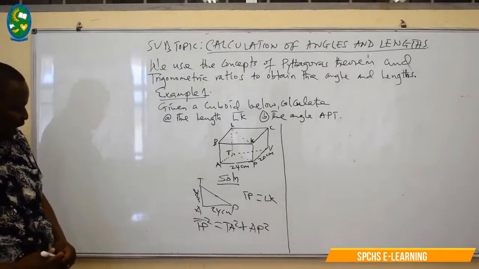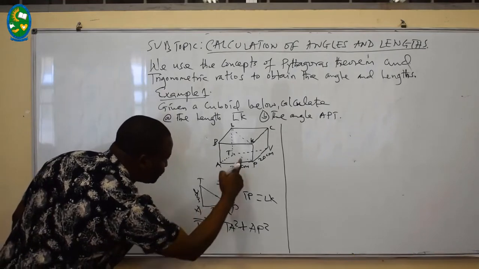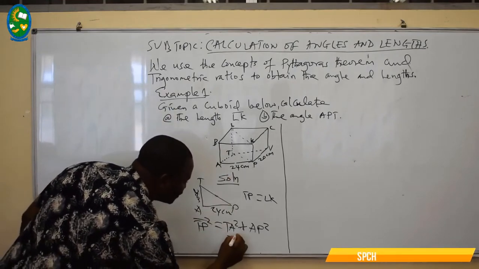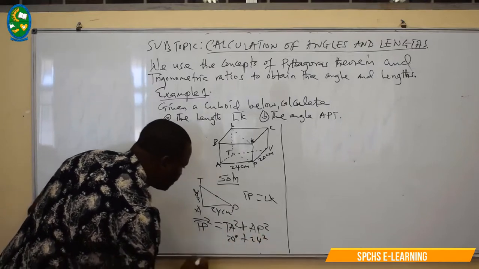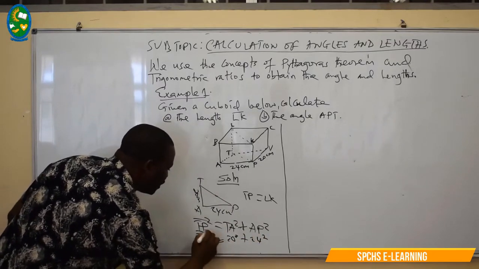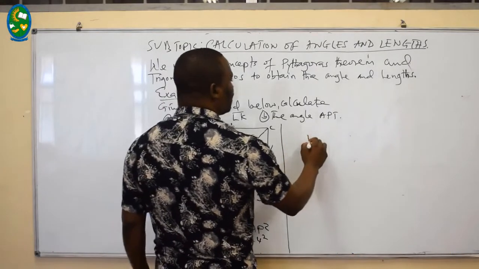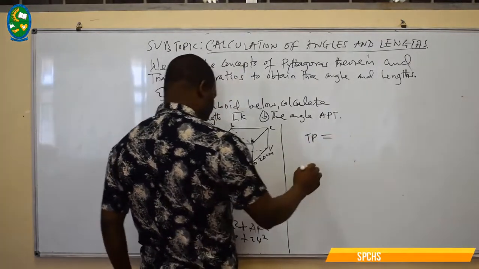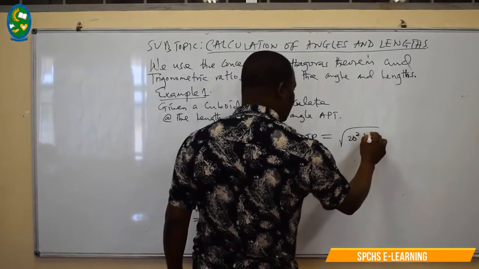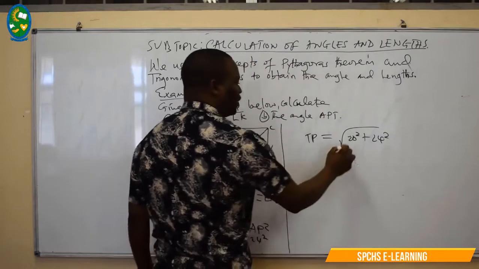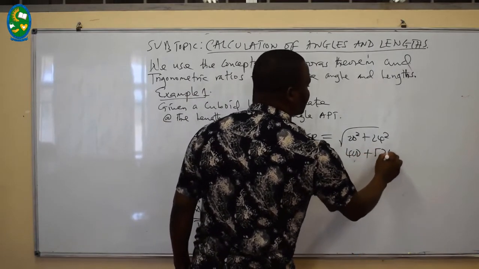Substituting the values, TA is 20 square, plus AP, which is 24 square, which is equal to TP square. So TP square equals 20 square plus 24 square, whereby here it is 400 plus 576.